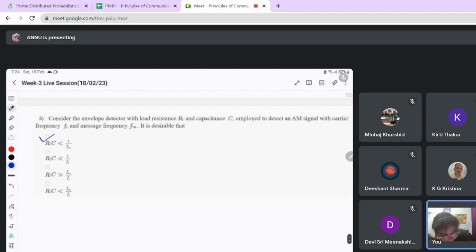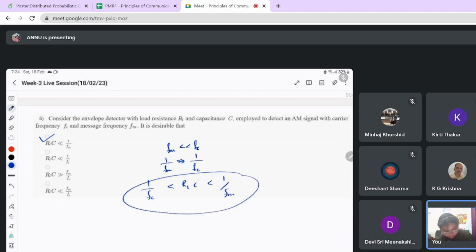One way to remember this is f_m is always less than or equal to f_c, so 1/f_m is greater than or equal to 1/f_c. So R_L C should be greater than 1/f_c and less than 1/f_m. You can write this: envelope detector, peak detection.